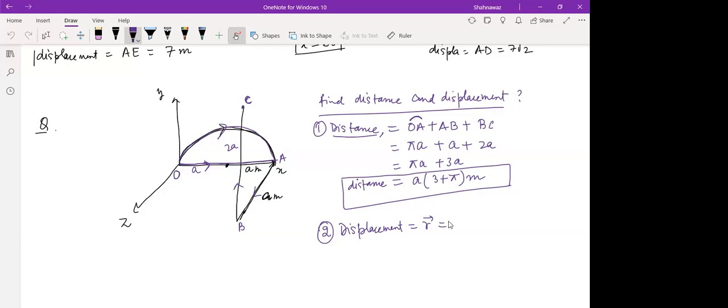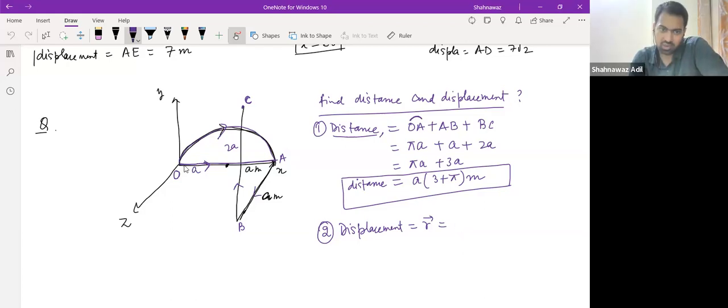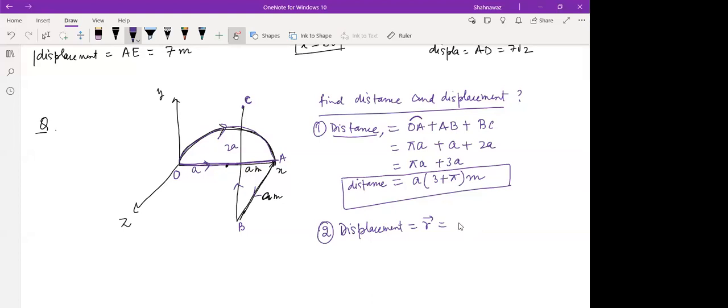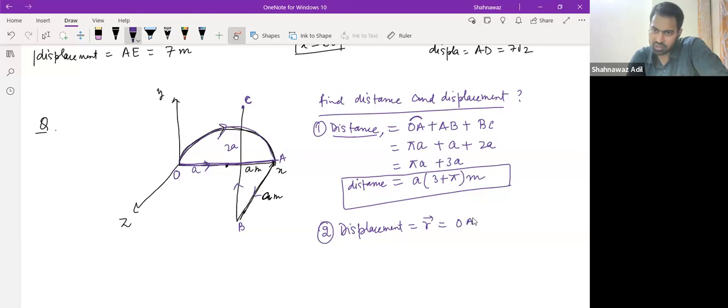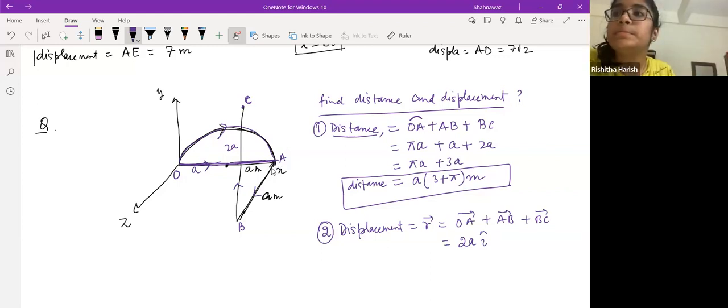I hat. And what is the X component? A. Let me write OA vector first, then AB vector, then BC vector. So OA is 2A I hat, because this is A, so 2A, right? Yes, sir. And the direction is I hat. What about AB?